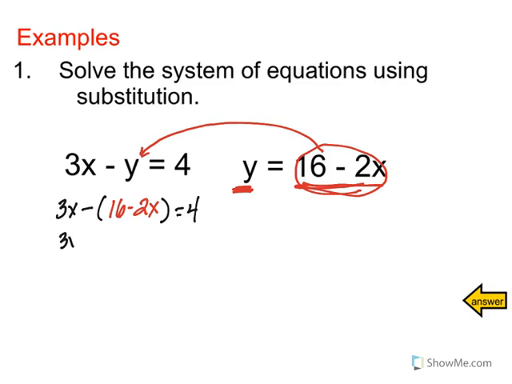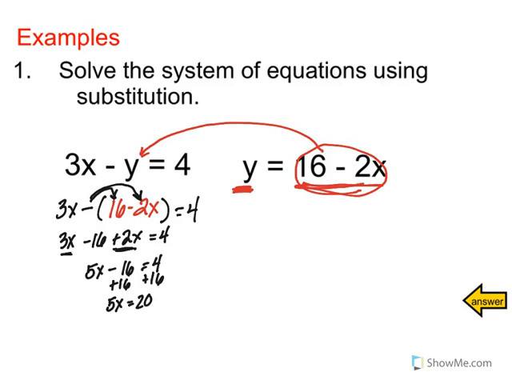So 3x, I need to distribute the minus sign across the parentheses, so this would be minus 16 plus 2x equals 4. Combine like terms, so 3x plus 2x gives me 5x minus 16 is equal to 4. When I add 16 on both sides, this gives me 5x is equal to 20. So x is equal to 4.